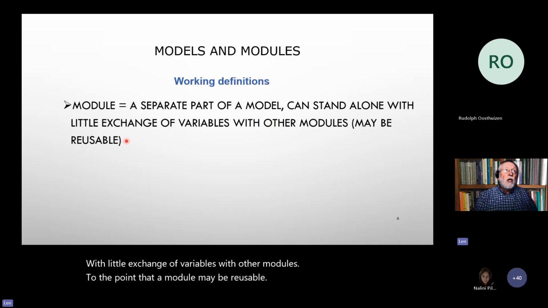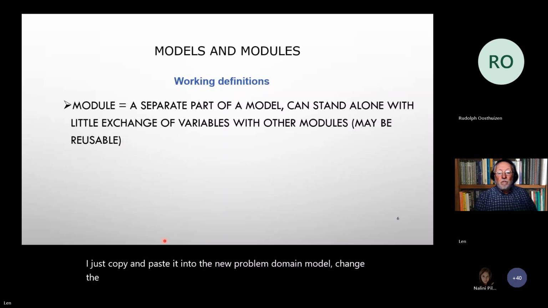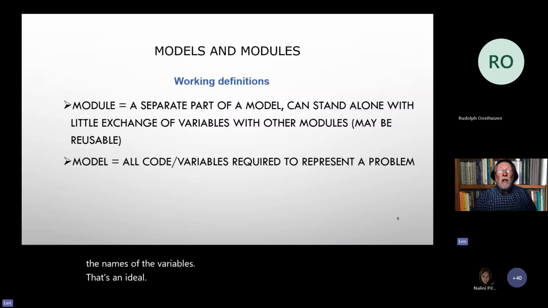I have a generic population growth model that I've used at least 100 times. I just copy and paste it into the new problem domain model, change the names of the variables. That's an ideal. A model then is all the code, all the variables required to represent the problem you're dealing with.